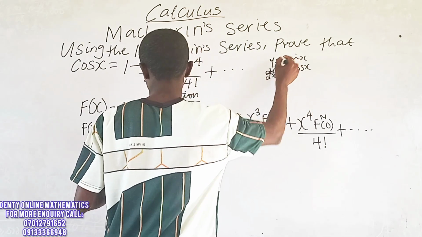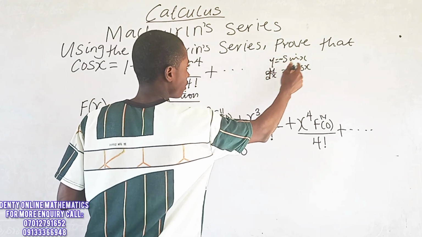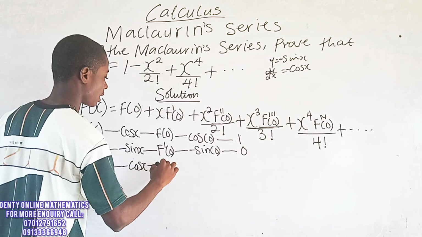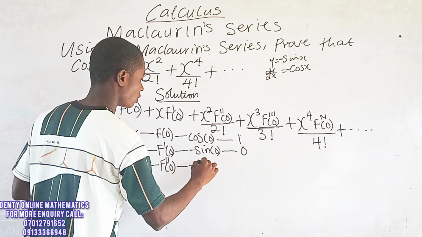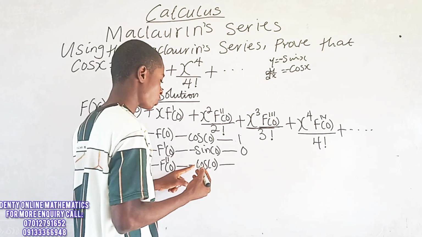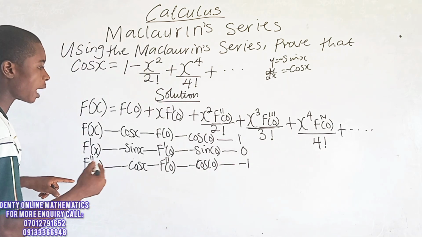But now we have a minus here, and this minus will affect it. So we are going to have minus cos x. That will give us that f double prime of 0 is minus cos 0. Remember, cos 0 is 1, so minus times 1 will give us minus 1.